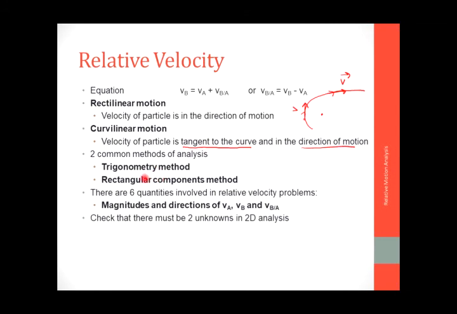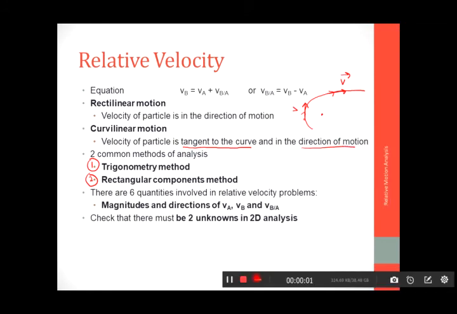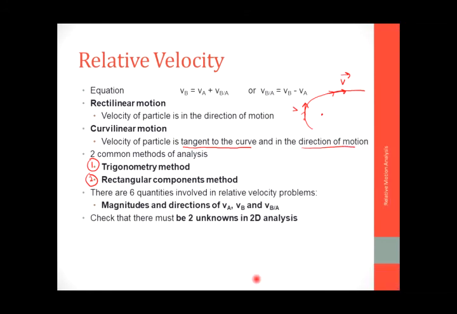And there are two methods that you can use to solve questions of relative motion for relative velocity. The first method is the trigonometry method, and the second is the rectangular method. I will explain the two methods of analysis later in the example.